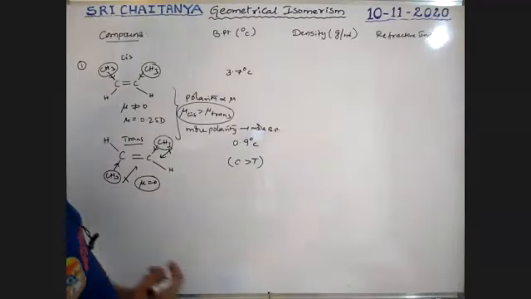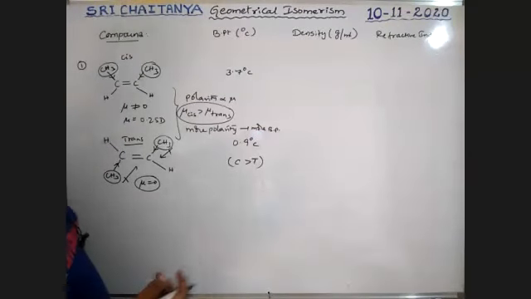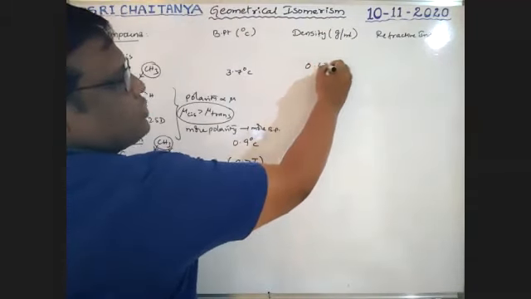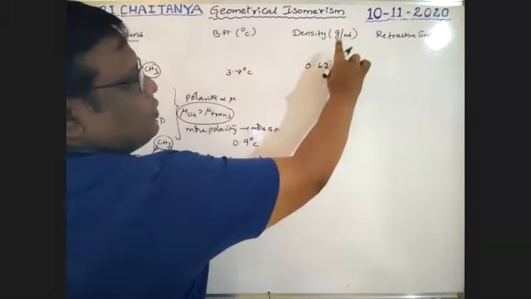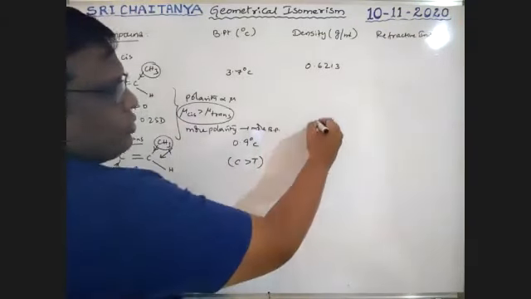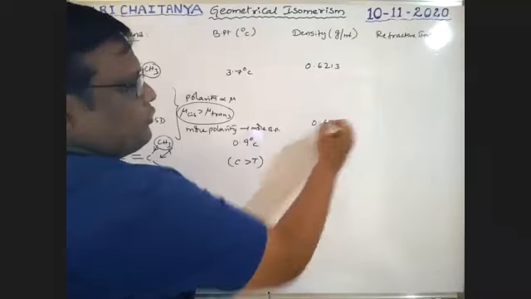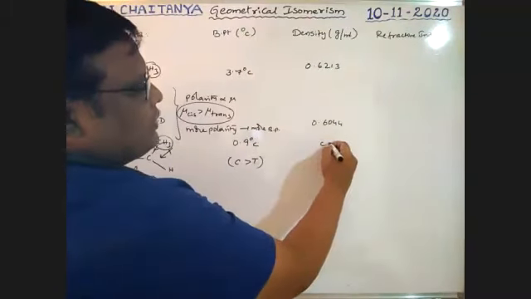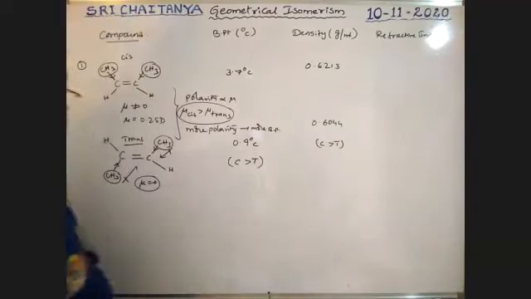Okay, what about density? It is a completely memory based point. It is 0.6213 for the cis compound, and for the trans compound 0.6044. Therefore cis is greater than trans.